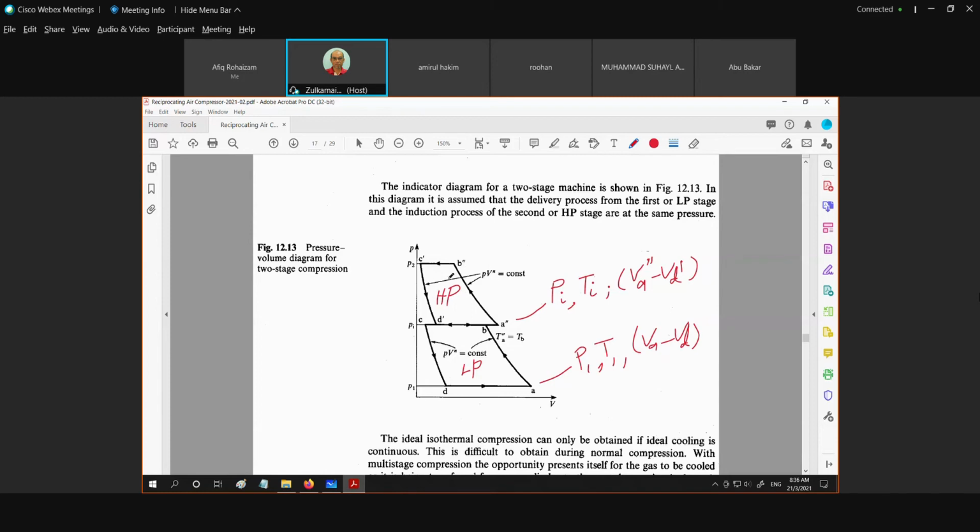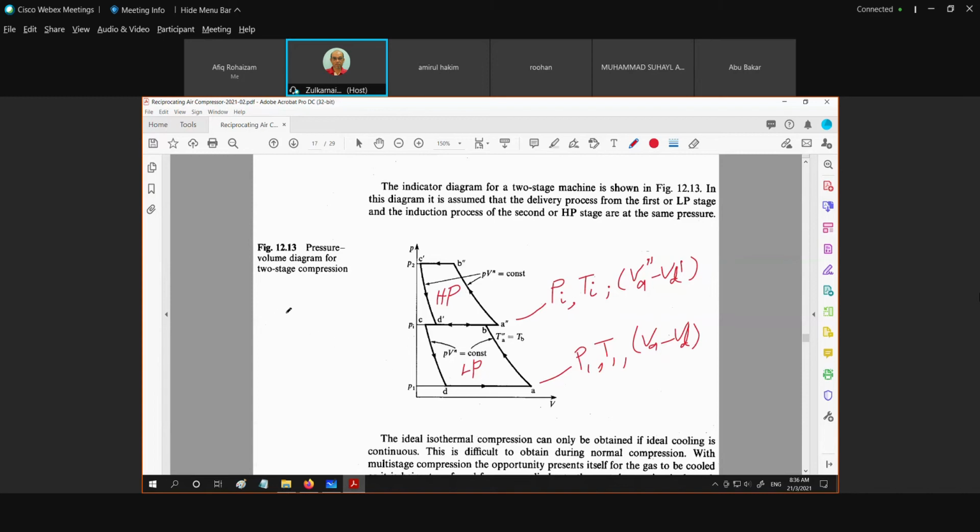Dan seringkali the high pressure compressor ni dianggap ataupun juga dinamakan sebagai stratified charge type of compressor, because apa yang masuk dalam high pressure compressor ni dia adalah dalam keadaan tekanan yang tinggi, iaitu tekanan daripada kita punya compressor low pressure. Okay, compressor low pressure.